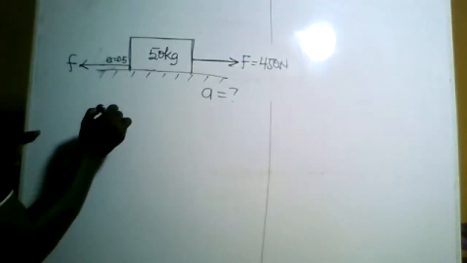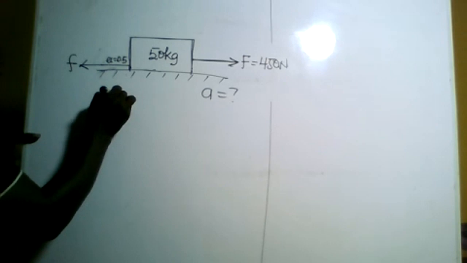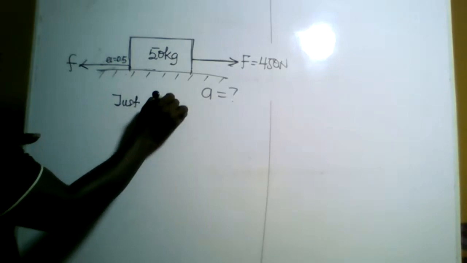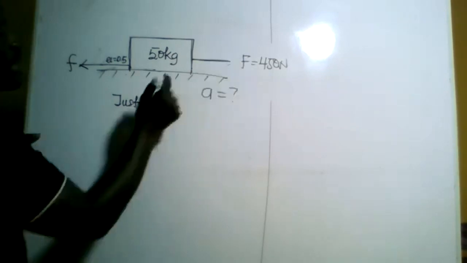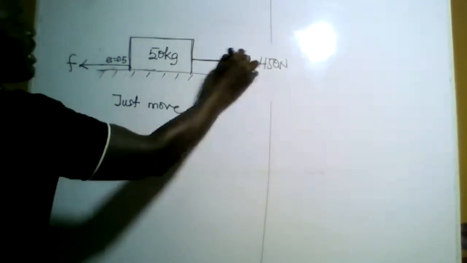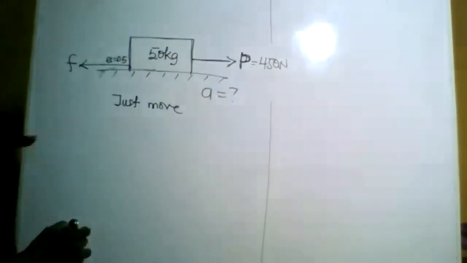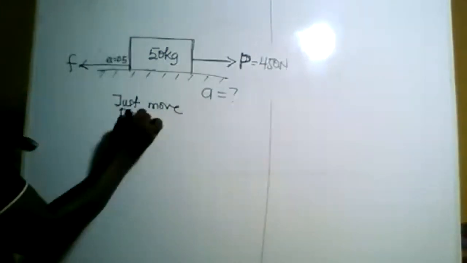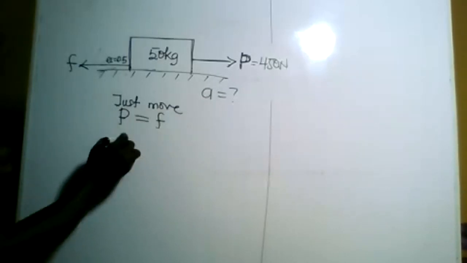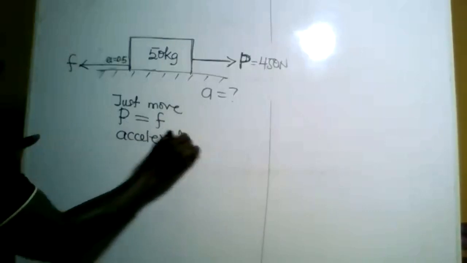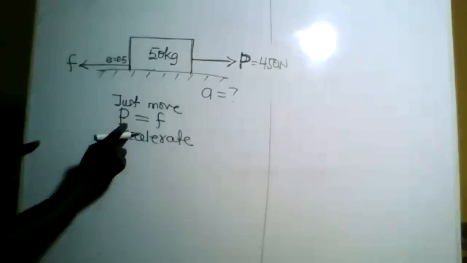All right. So you see, I said that if the body just moves, then if the applied force, let's use P for the applied force, because we have F for friction, for the body to just move, P must be equal to F. Now, if the body must accelerate, then there should be a difference here.